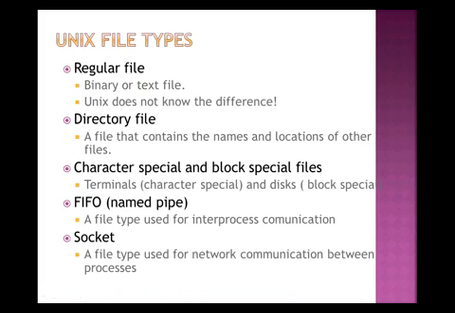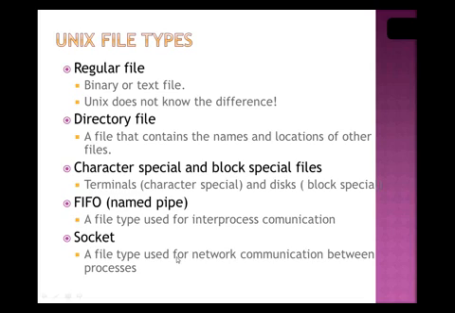Then next is Unix file types. That is the next topic: what are the types of files available in Unix. The first type of file in Unix is a regular file.